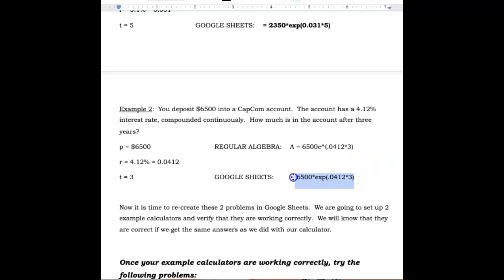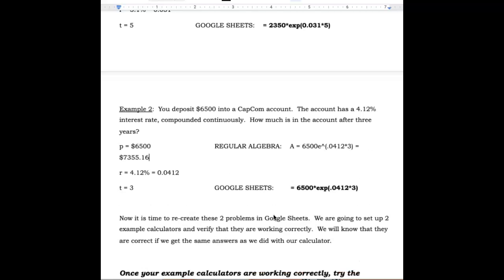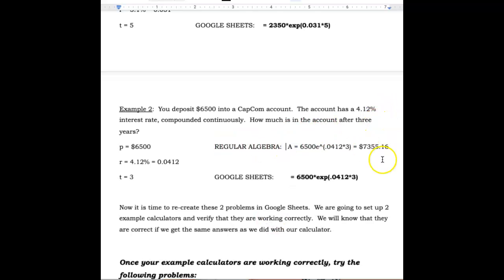That's what it will look like when we type it into the spreadsheet, and that's how we do things in this class, so we'll talk about the spreadsheet more. If I type that into a regular calculator, which I just did over here on the side, I get 7355.16. And we'll check that with Google Sheets in a little bit.